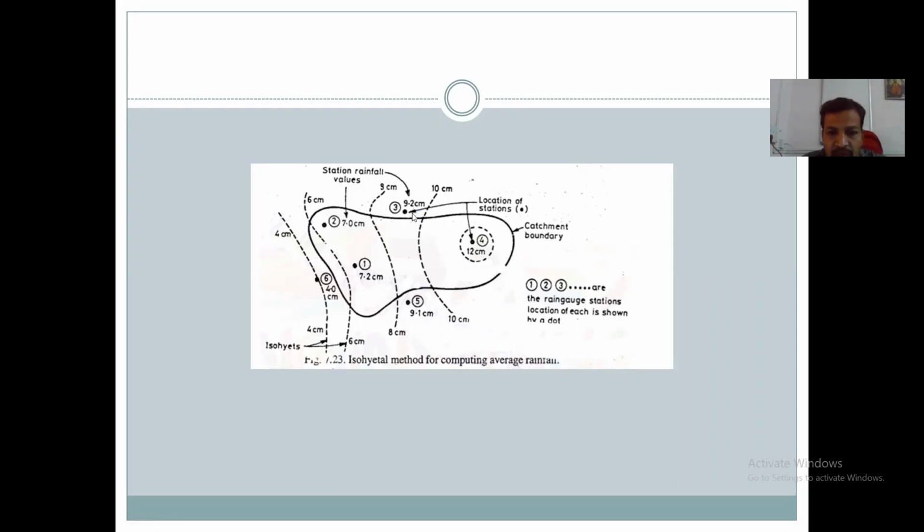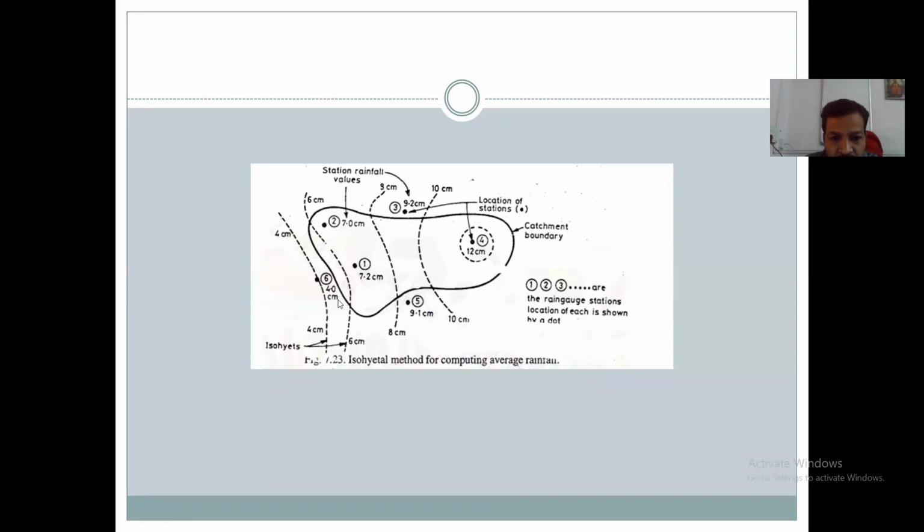See this, the rainfall record at each rain gauge station is shown in this diagram. At the first station it is 7.2 centimeter. At the second station it is 7 centimeter. At the third station it is 9.2 centimeter. At the fourth station it is 12 centimeter. At the fifth station it is 9.1 centimeter.